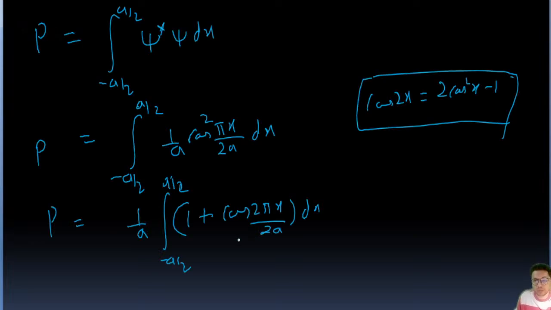So this is going to be simple integration, right? So this is going to be 1 upon 2a is also here, 1 upon 2, right? So 1 upon 2a will be common, and we'll integrate it. This is x plus a upon pi sine pi x upon a.